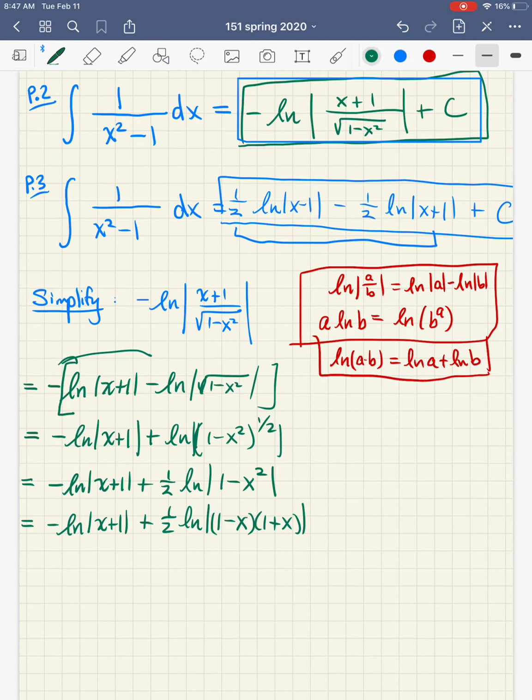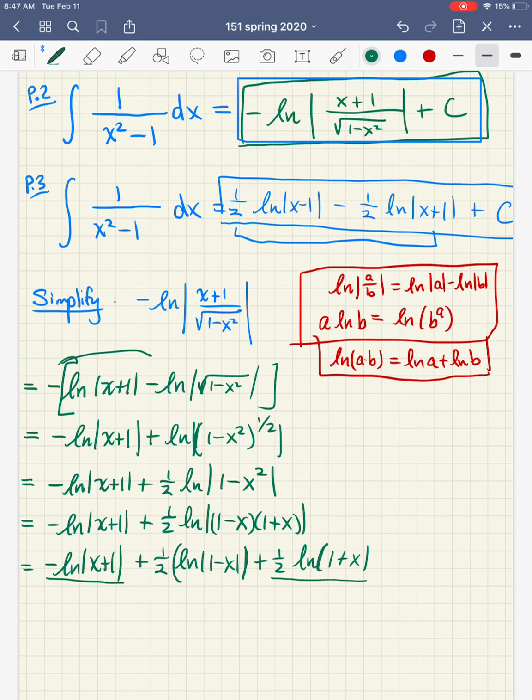And so when I do that, I'm going to get negative log of x plus 1. Okay, I'm going to rewrite the first term. This is going to be 1/2 times log of the first term, 1 minus x, plus log of the second term, 1 plus x. And I'm almost there. Now I notice that I have two like terms: a negative 1 and a positive 1/2 of these.